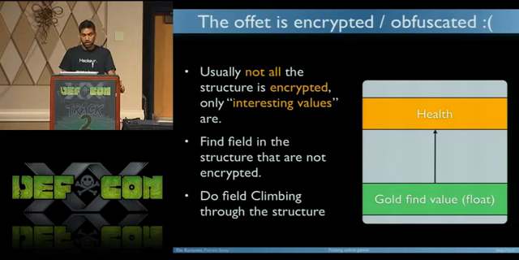For instance, in Diablo 3, the gold value is not encrypted in the player structure. So it's actually a float. So you can find this value and then climb up or down in the structure to find the health value. And then you get the offset in this structure, and you can get the actual memory address.